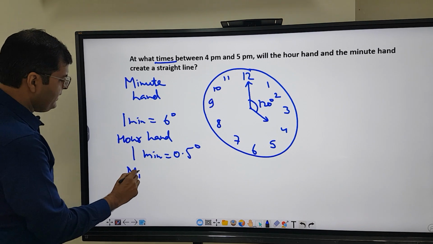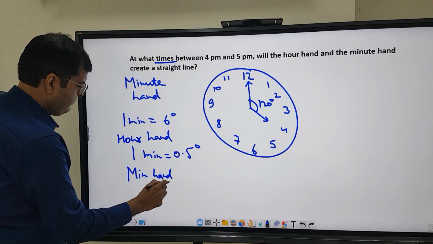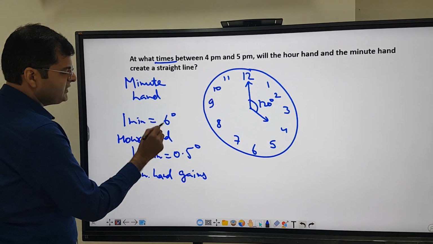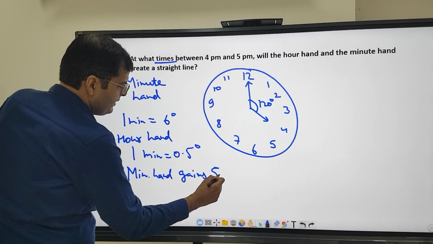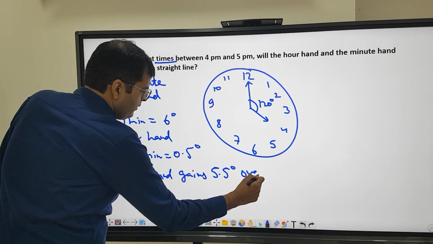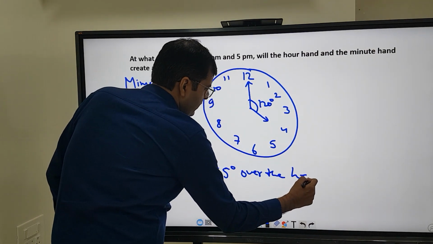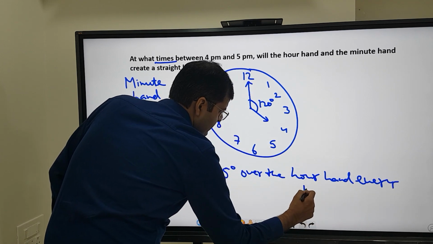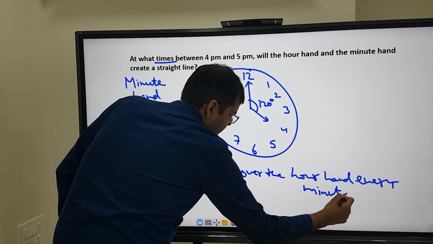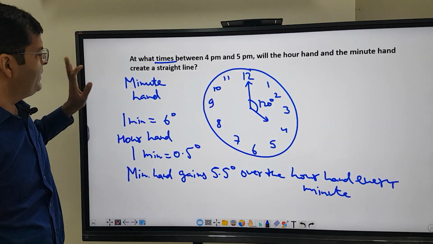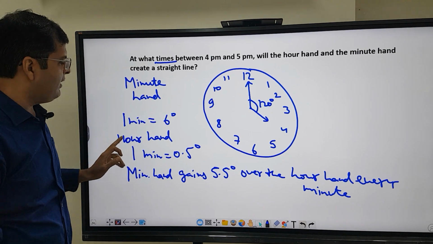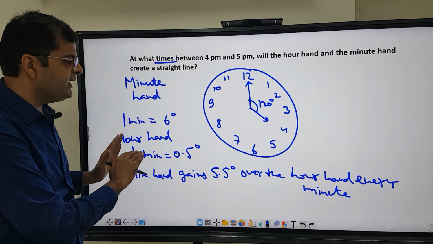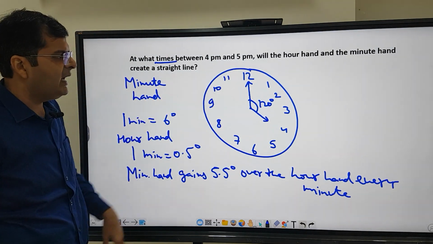That means the minute hand gains how many? 6 degree minus 0.5, which is 5.5 degree over the hour hand every minute. Okay. So the minute hand in 1 minute moves 6 degree, the hour hand in 1 minute moves 0.5 degree. So every minute what happens? The minute hand gains 5.5 degree over the hour hand.